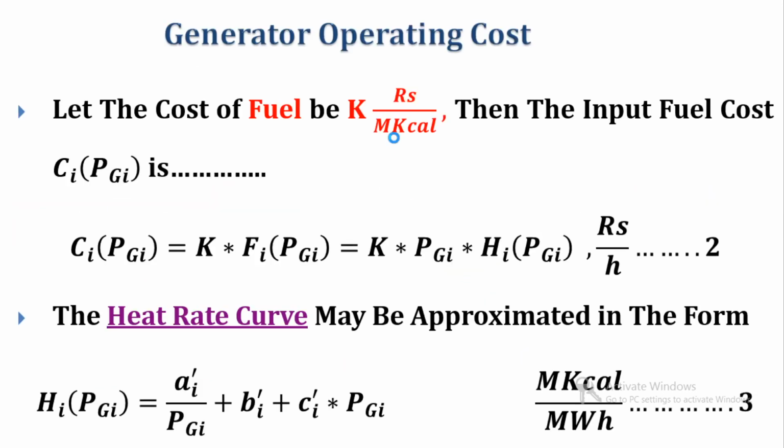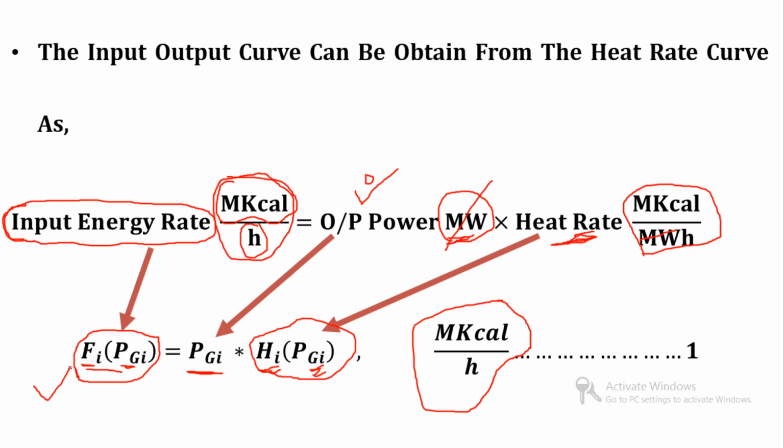Now let us add some economical term in this formula. Ultimately we have to shift all these terms in terms of economy. So let us consider the economical term in this equation.